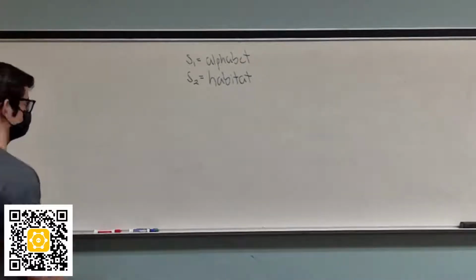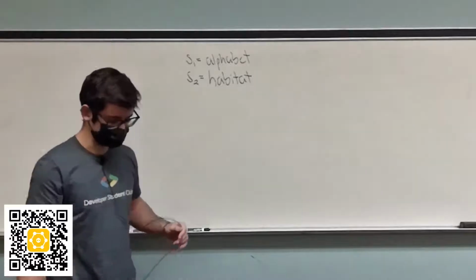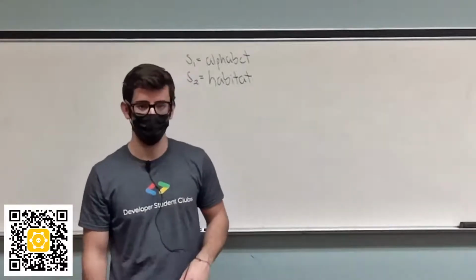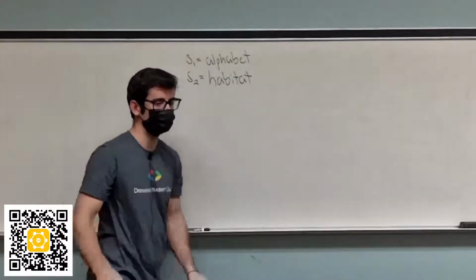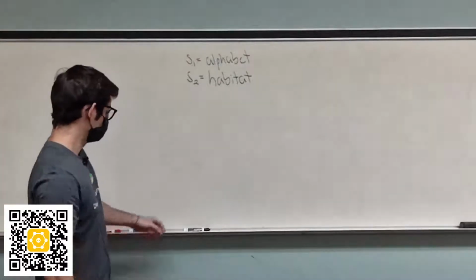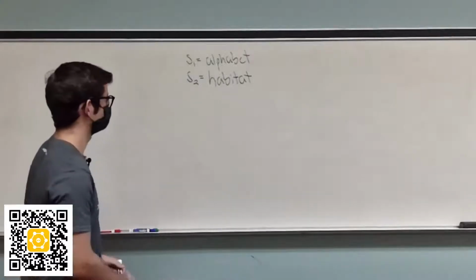From these two strings, we want to find the longest common subsequence. Now this subsequence does not have to be contiguous. The characters don't have to be all next to each other. It can be spread around.